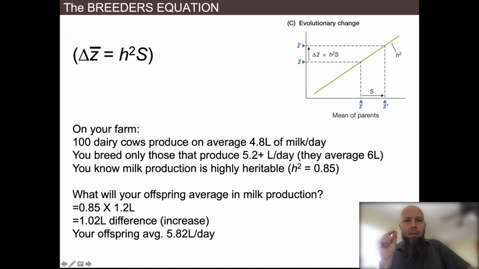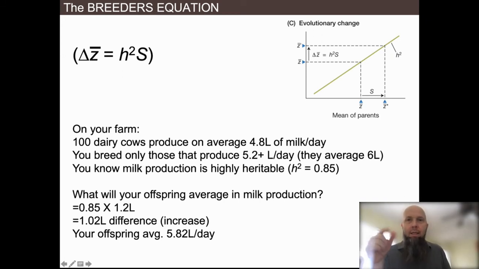So this difference of 1.2 liters of milk a day, S, multiplied by the heritability 0.85, gives you a 1.02 liter difference or increase in milk production in your offspring, okay? So that delta Z bar is 1.02.